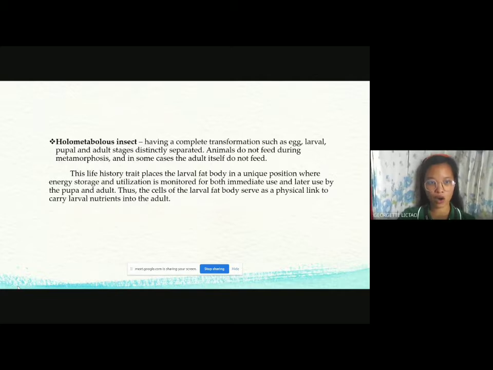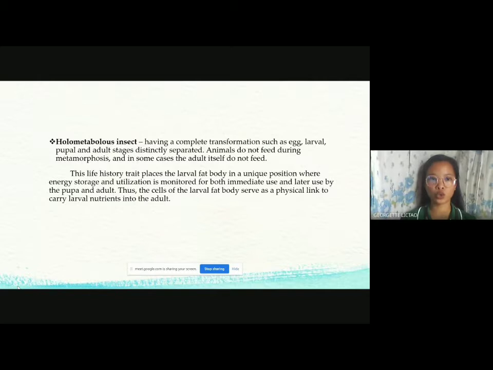Next is the holometabolous insect, having a complete transformation such as egg, larval, pupal, and adult stages distinctly separated. Ito yung insect development which includes yung mga life stages such as egg, larval, and pupal.